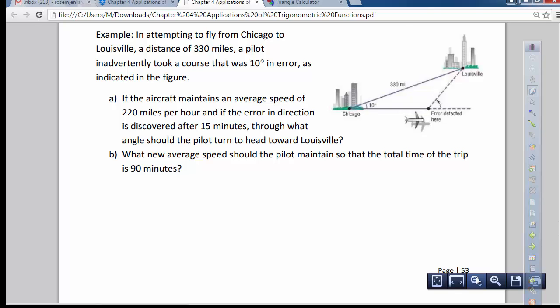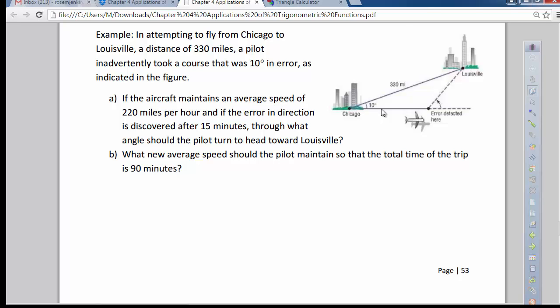Okay, so he was going from Chicago to Louisville, but instead of going along this path, he was 10 degrees off of the path. If the aircraft maintains an average speed of 220 miles per hour, and if the error in direction is discovered after 15 minutes, through what angle should the pilot turn to head toward Louisville?